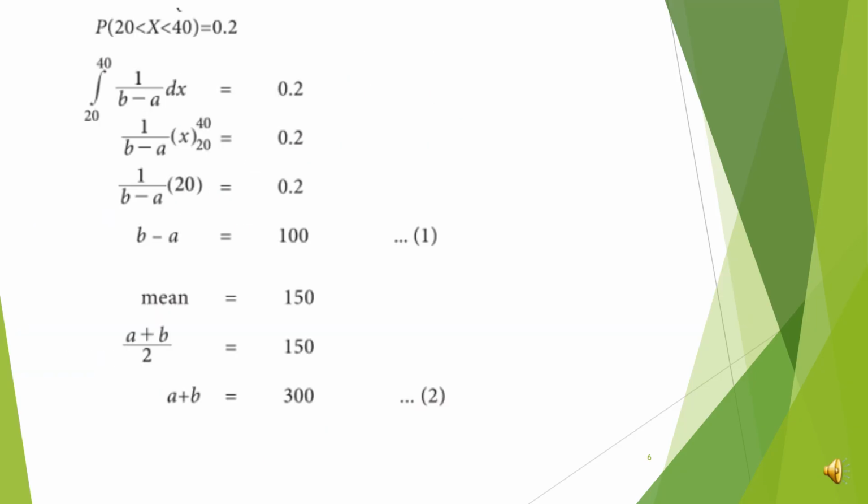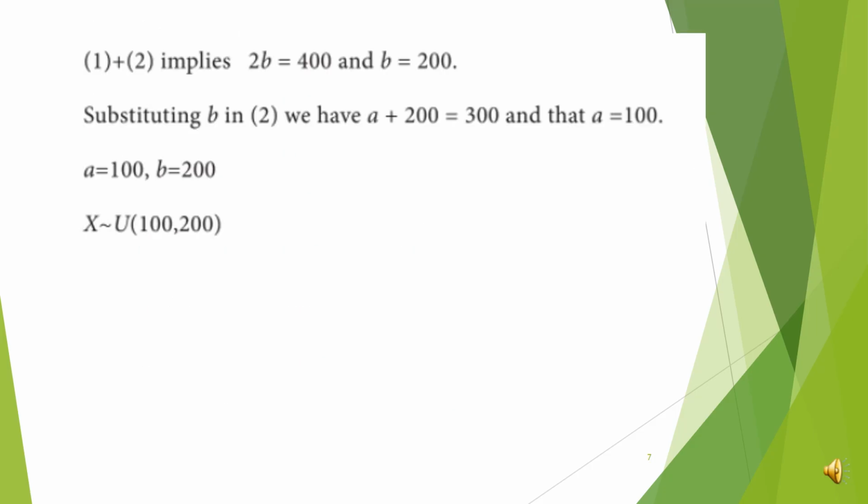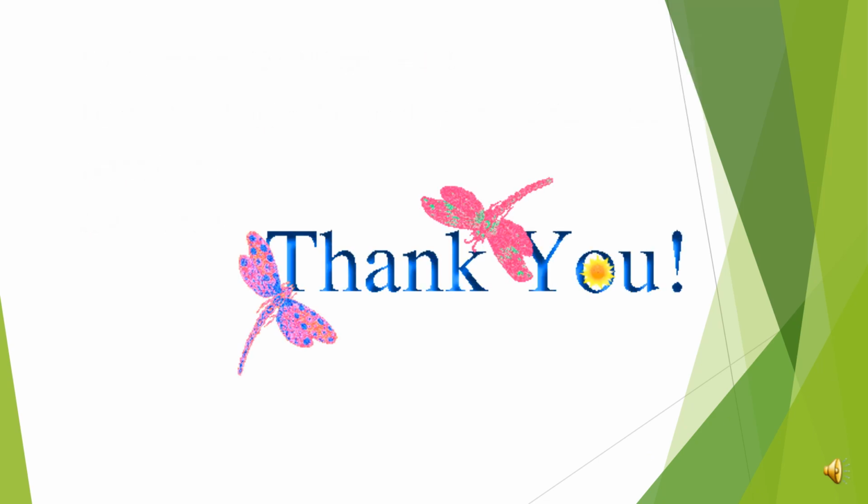To summarize, continuous distributions deal with variables that can take infinitely many values. The uniform distribution is the simplest among them, where all values are equally likely. Probabilities are calculated over intervals using simple ratios.